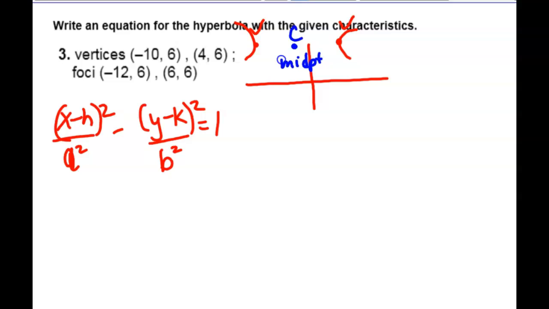Do you subtract and divide by 2? No. You add and divide by 2. So if I add these, I get negative 6 divided by 2 is, and 6 plus 6 is 12 divided by 2 is 6. So there's my h and k. So my equation is what?